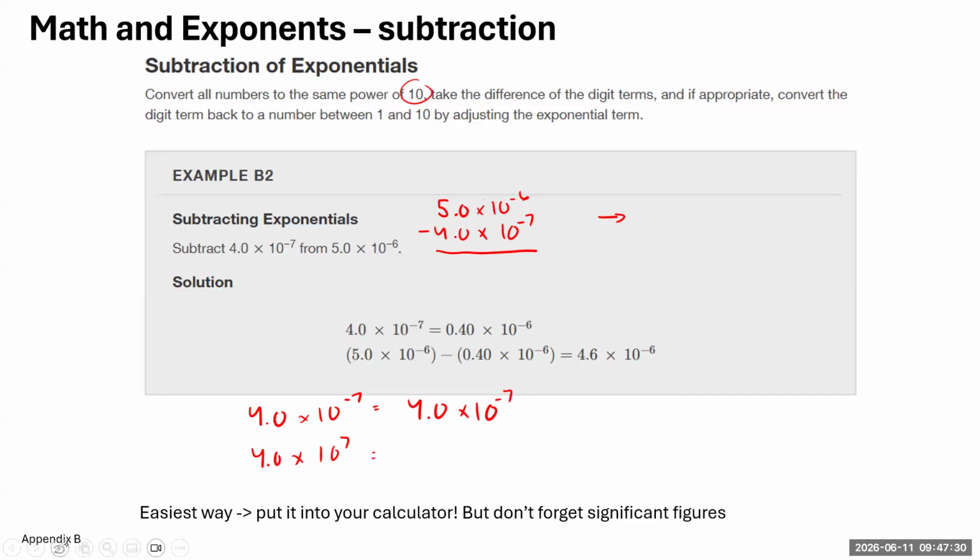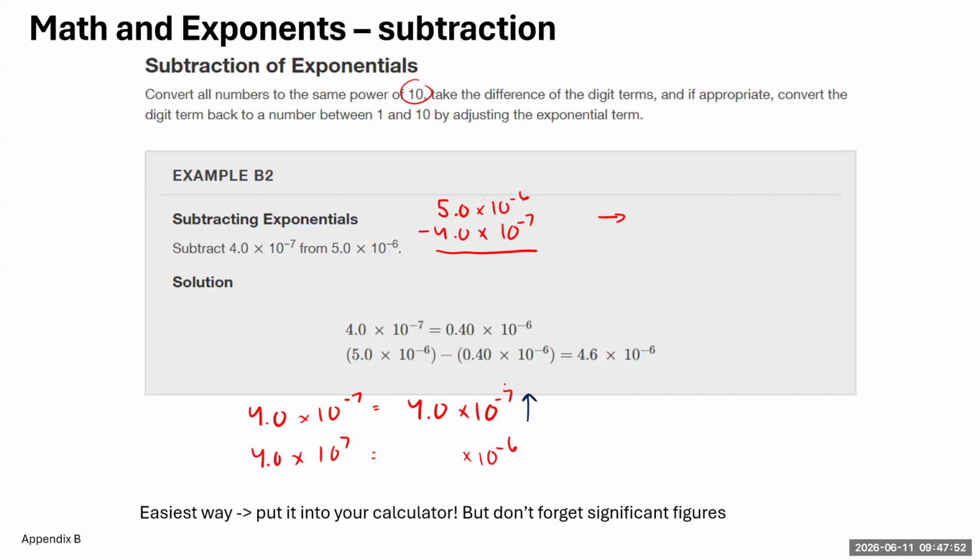So if I'm going to bring this number up to 10 to the negative 6, right? Because negative 6 is greater than negative 7.